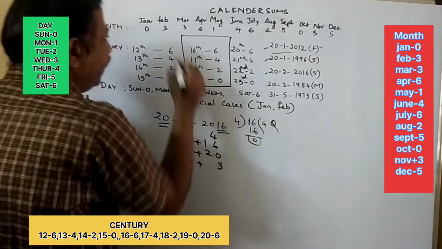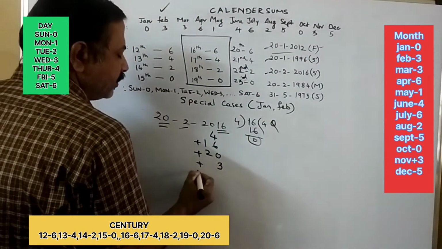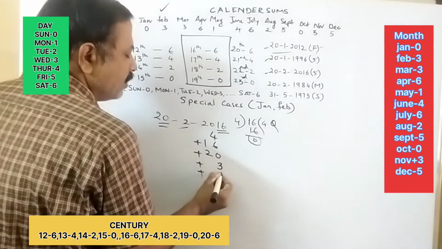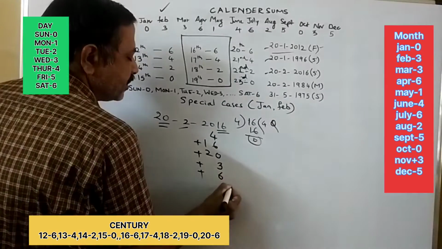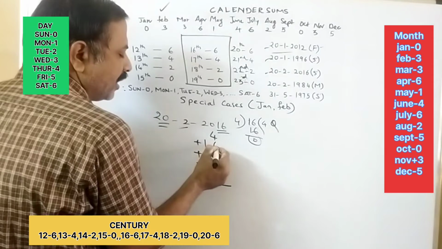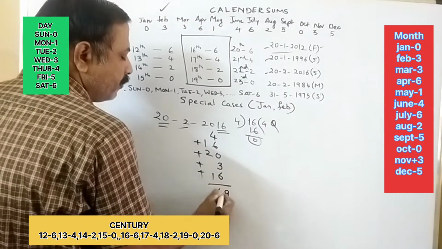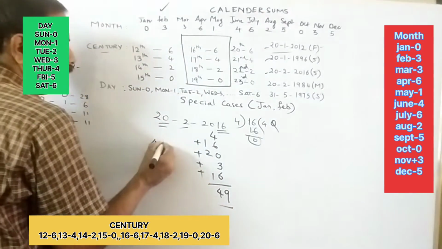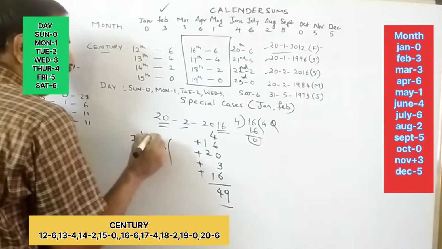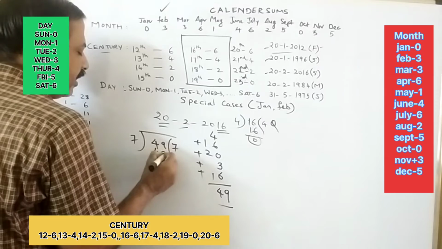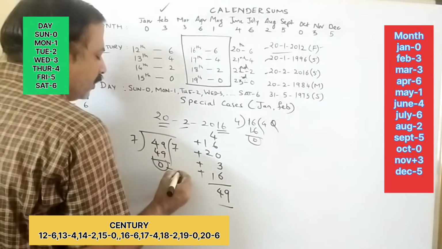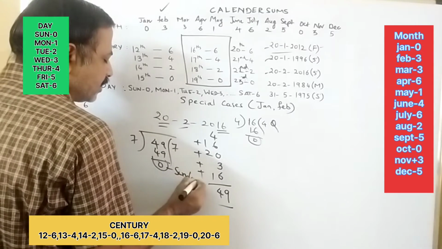For February the month code is 3, and for the year 2000, the 20th century, it is 6. So 6 plus 6 is 12, 13, 14, 15, 16, 17, 18, 19, and so on. I got 49. So 49 again we divide with 7. 7 7s are 49. Remainder is 0. That means Sunday is the answer.